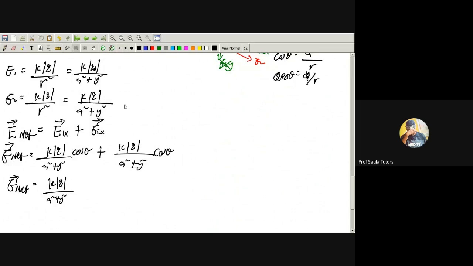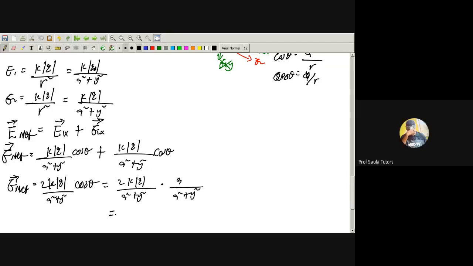So I have cos theta, cos theta. So everything I'm having is like 2 kq over a square plus y square, times cos theta. What's my cos theta? A over R, yes. A over R. And my R is a square plus y square.